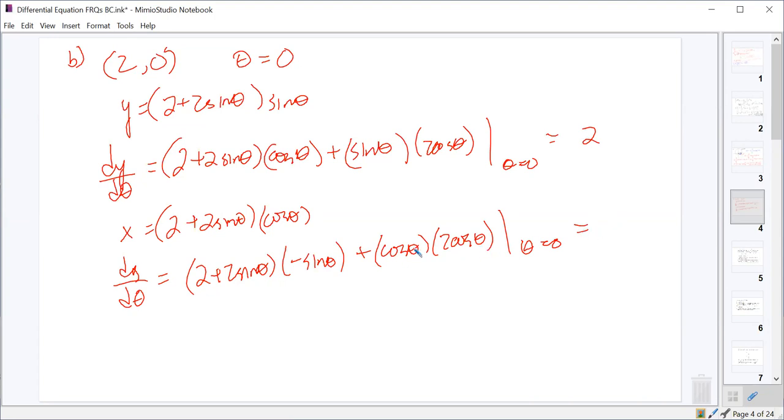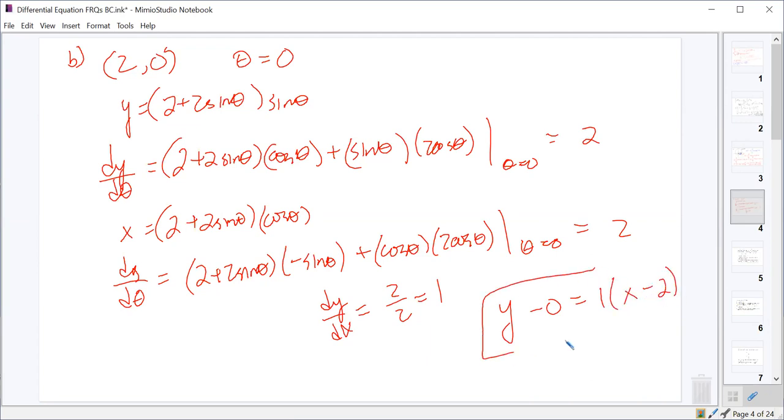So 0 plus, this is 1 times 2, so 2. And so you would have got dy dx was 2 over 2, or 1. So you would have got y minus 0 equals m times x minus 2 as your tangent line. Or just y equals x minus 2. Right?